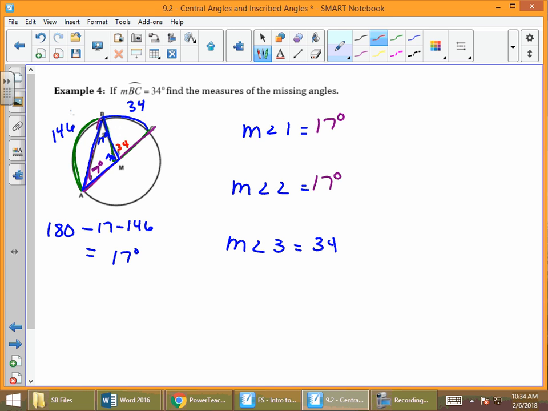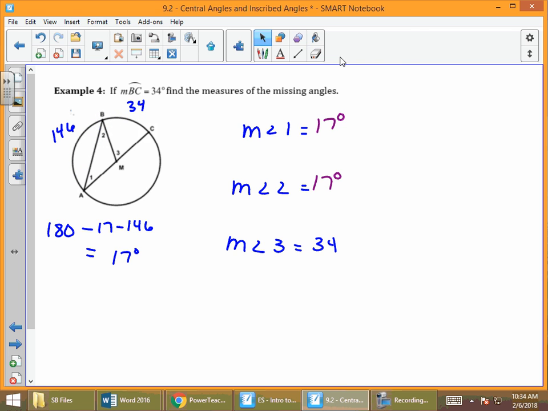You also could have done this. I notice here, I'm going to do some erasing. What type of triangle is this triangle? Special type. What do you notice about these two sides?